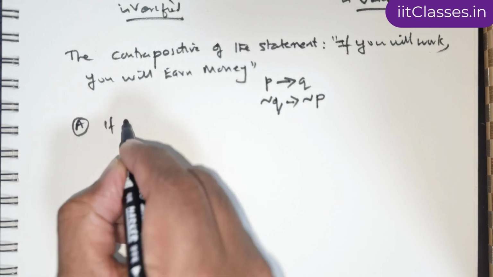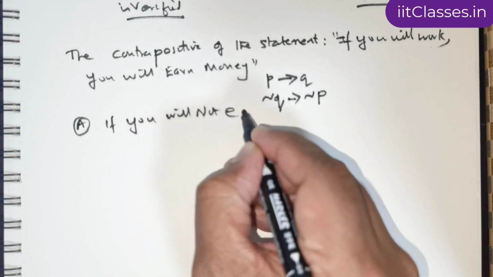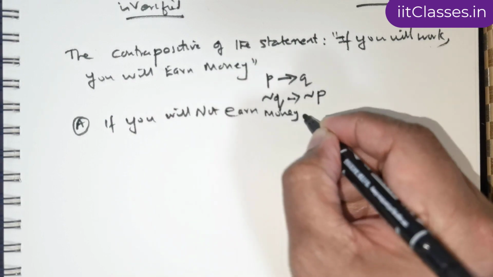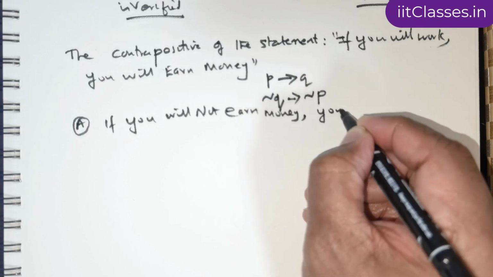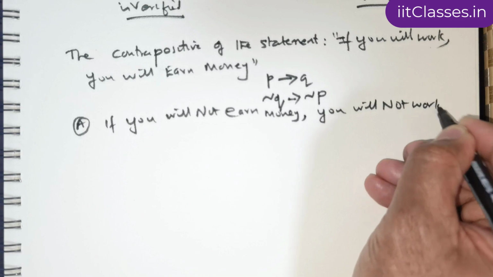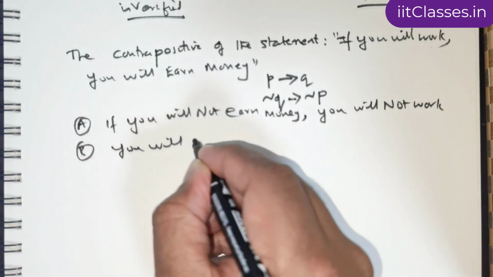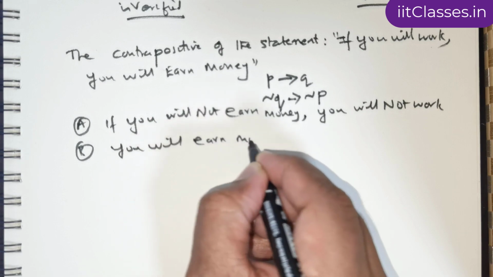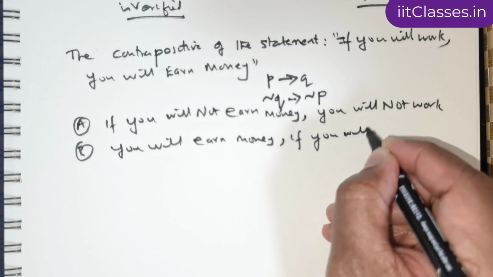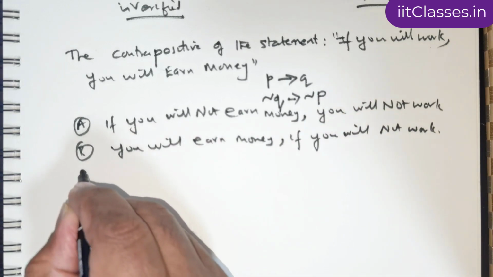A, if you will not earn money, you will not work. Number B, you will earn money if you will not work.